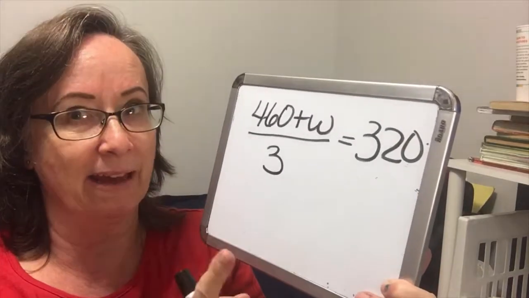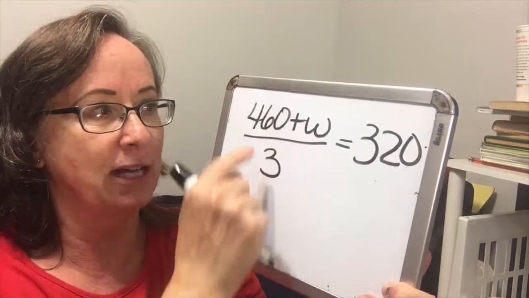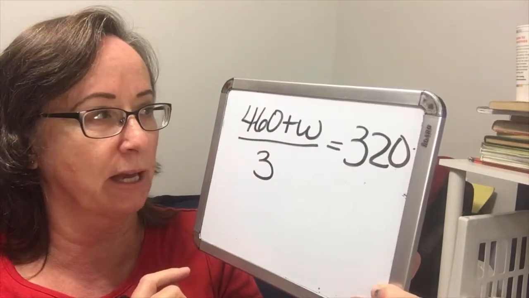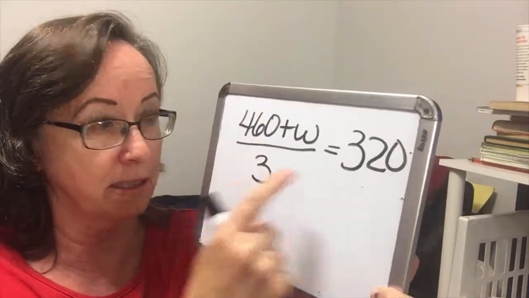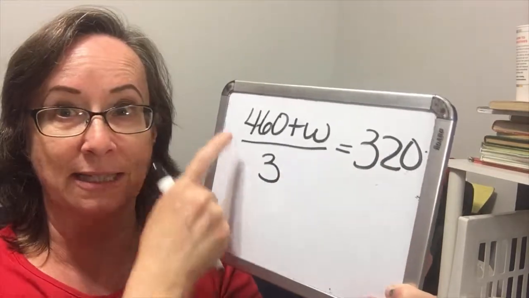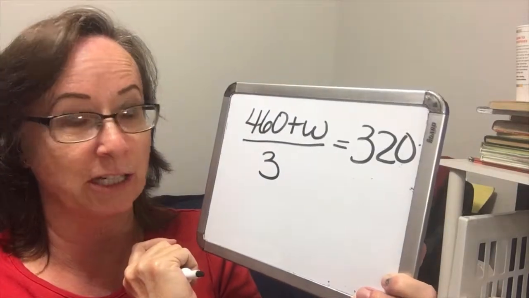So what if we remembered that division and multiplication are inverse operations? So if I know that this divided by this is this, then isn't this times this equal to that? That's how multiplication and division work.